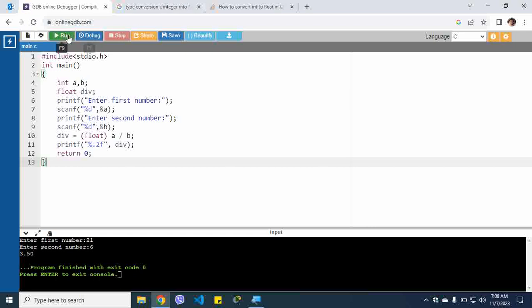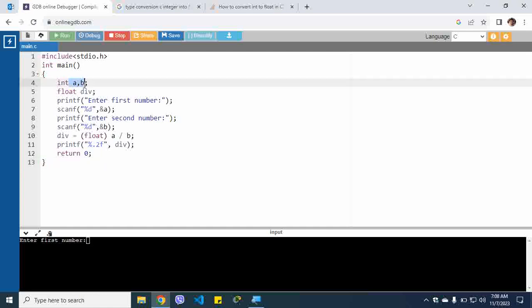So when you have to convert, from the next example we can see that this a and b are integers and this division is float, right? When you have to convert the integer into division, then division is in float, so we first convert that integer part by keeping this float in front of them before the expression, and then run.